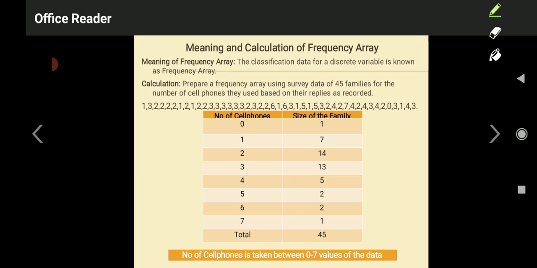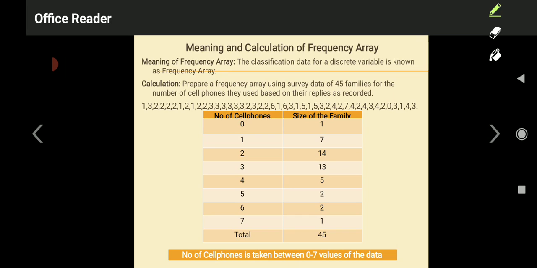Look at the first example, the number of cell phones and the size of the family. Here the size of the family is 1. One family is using zero cell phones.